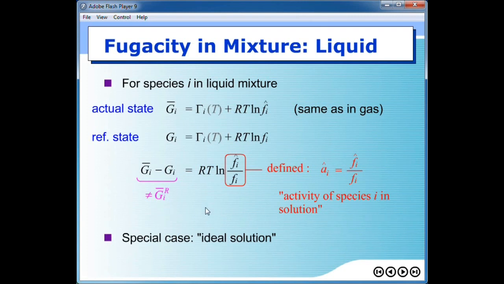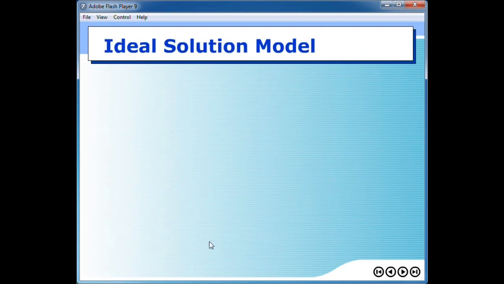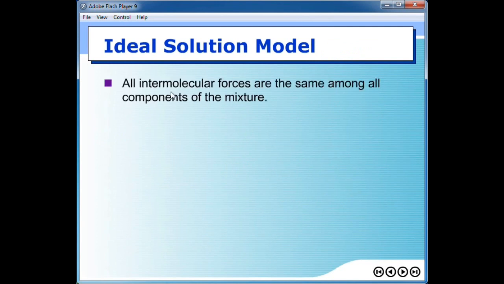Now from this one, we are going to pause our derivation for the moment and skip to another special circumstance called ideal solution. An ideal solution is a solution in which all the molecules interact with the same force. So if we have a mixture of substance A and substance B, the interaction between molecules A and A, B and B, and between A and B are considered to be the same.